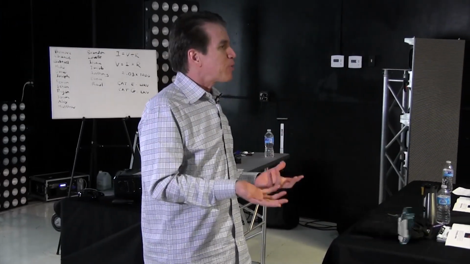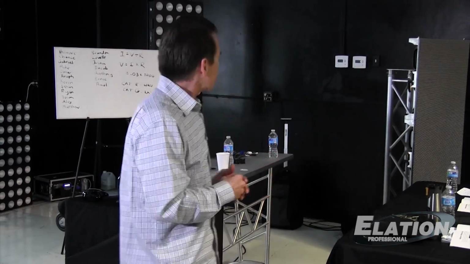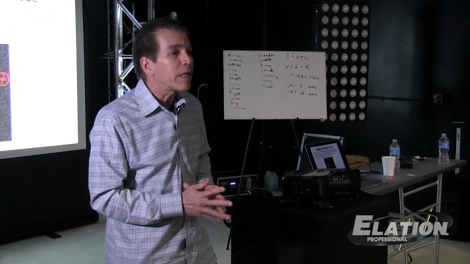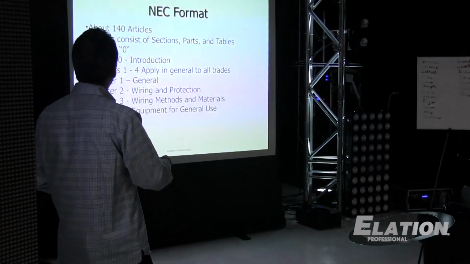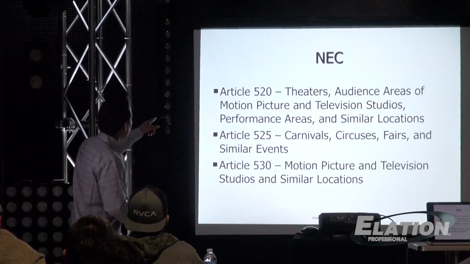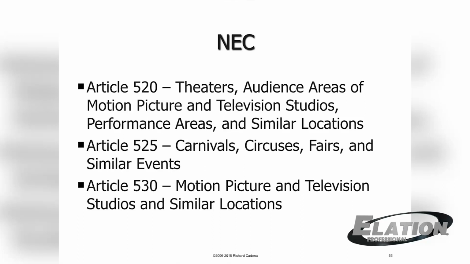That's his job. And so I got a phone call, a panic-stricken phone call. What do I do? What do I do? I said, relax. There's a part in the code, and it's in Article 520. Article 520 deals specifically with theaters, audience areas of motion picture and television studios, performance areas, and similar locations.